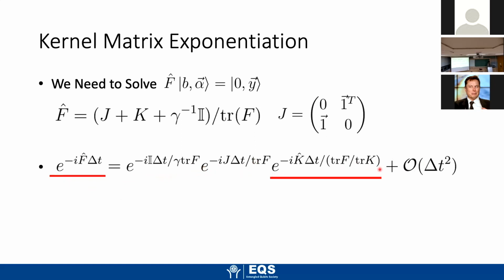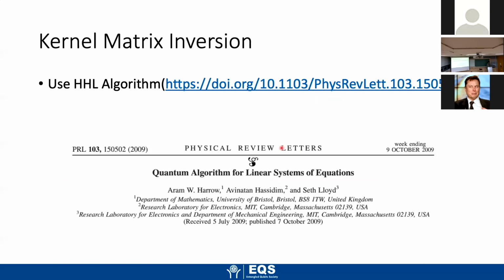So we need to get this part, which we did in the last class, and the difference is some order one component. We can just tune delta t for this. Yeah, so we make the matrix exponential. And now it's time for matrix inversion.